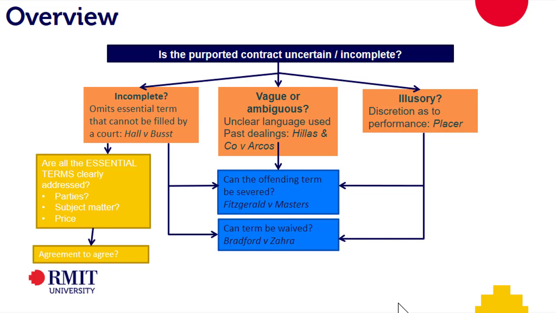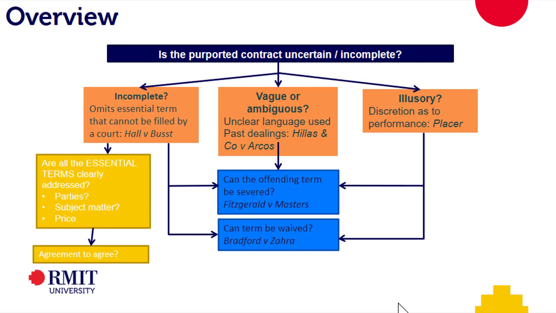Or another negative of that is, is it vague or ambiguous? If unclear language is used, we need to understand what it means. We might think about what past dealings are, and the extent to which the parties understood each other or had certainty based on prior behaviour.